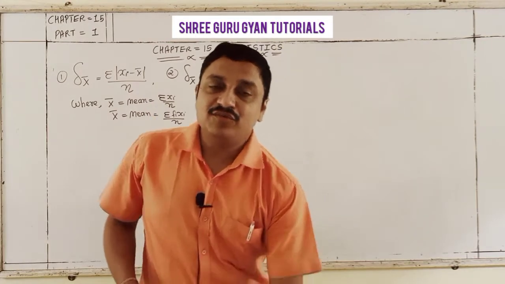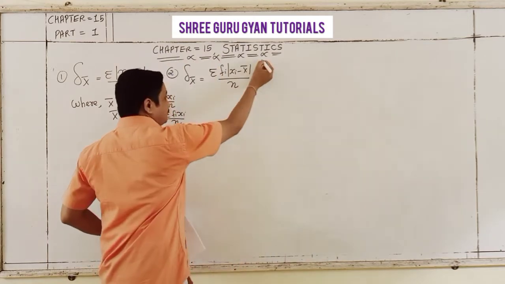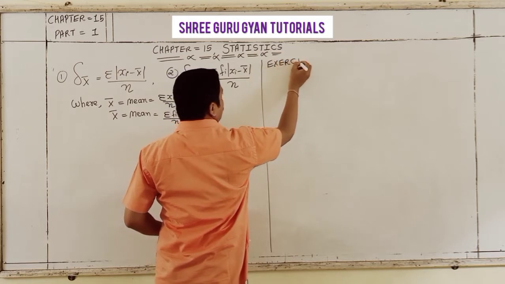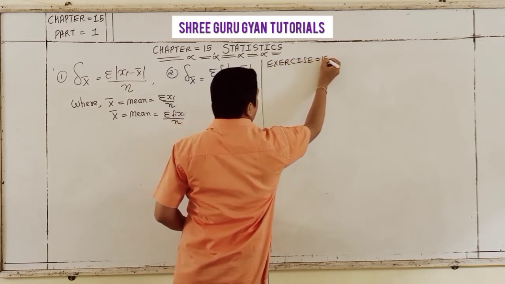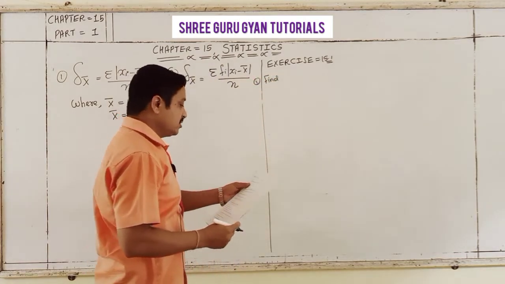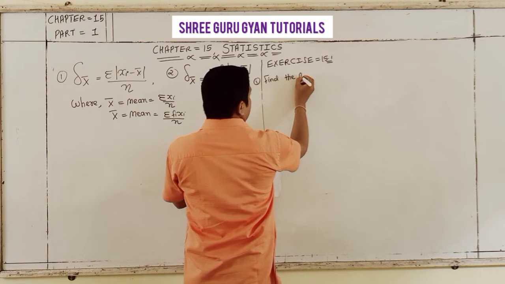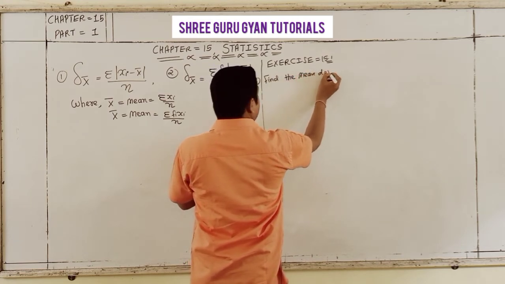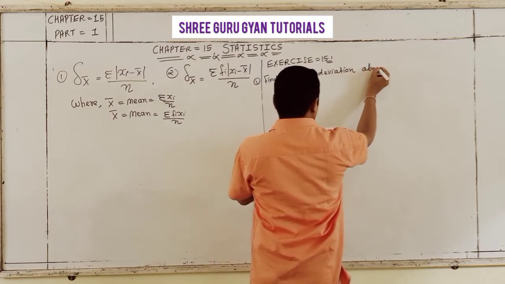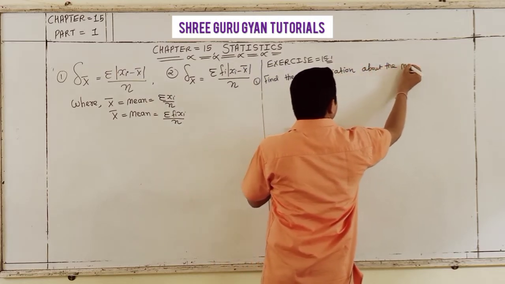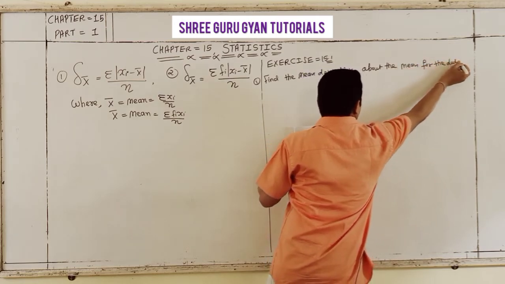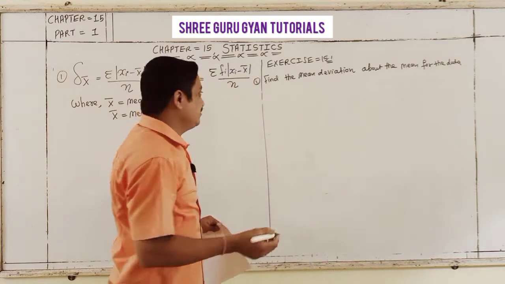So students, in the first question of exercise 15.1, the question is to find the mean deviation about the mean for the data. We first find the mean, after that the mean deviation.